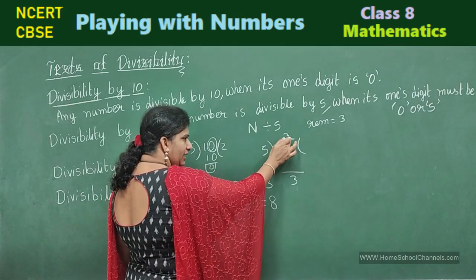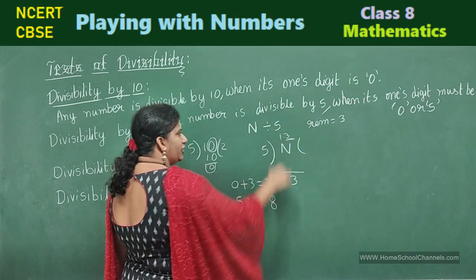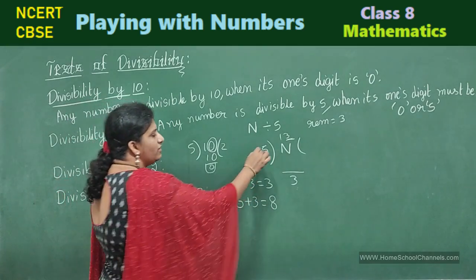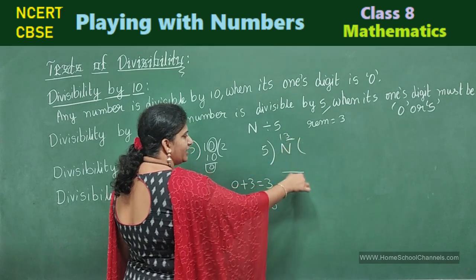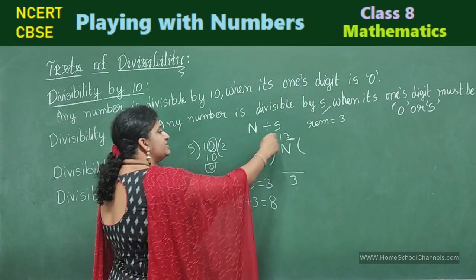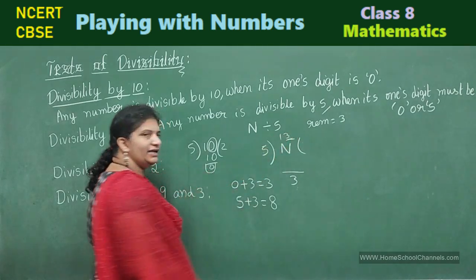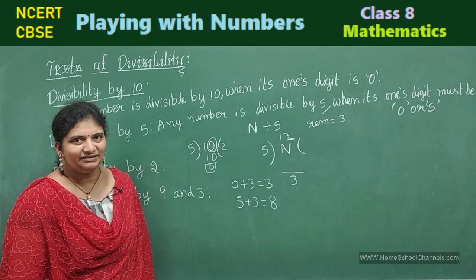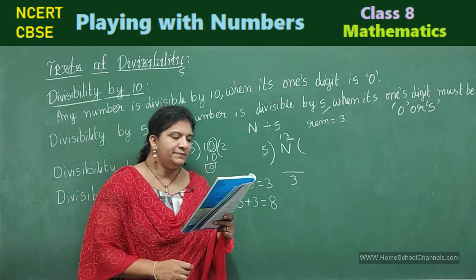If it is 3, suppose you imagine 13, what happens? 5 2s are 10, 3 is the remainder. Suppose you imagine 8, say 18: 5 3s are 15, 3 is the remainder. So what is your question here?